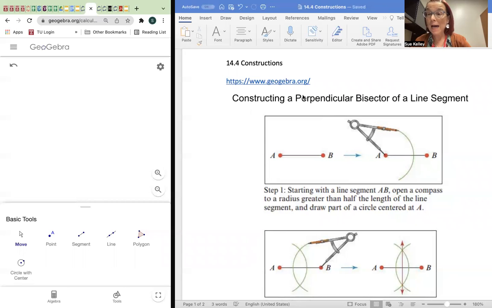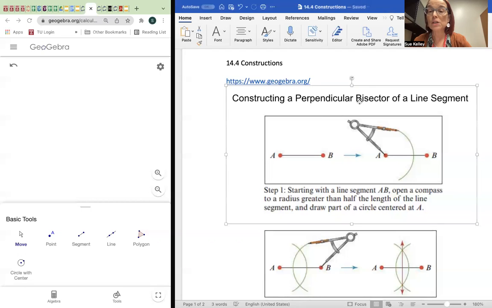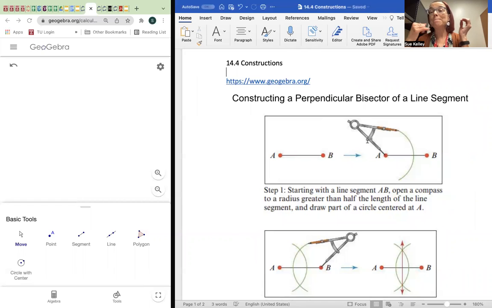And then a bisector, bi hopefully sounds like two to you. So a bisector is going to split the line segment into two. So we're going to have two line segments that intersect each other, and one of them is going to split the other one into two pieces.